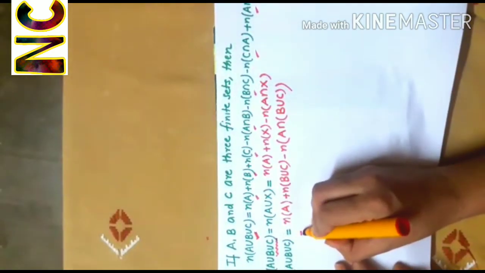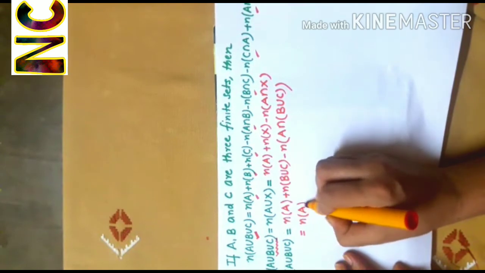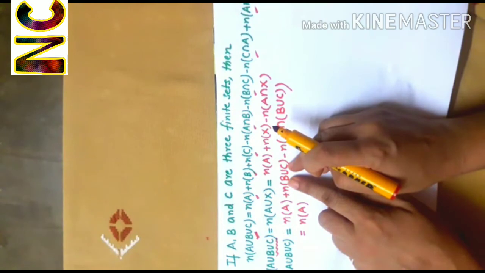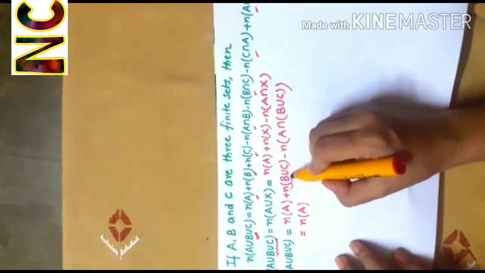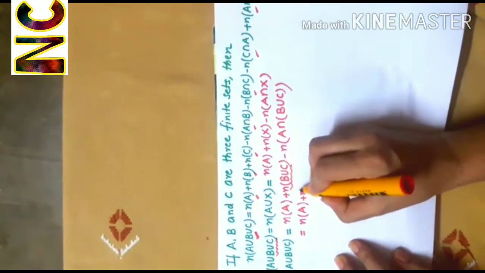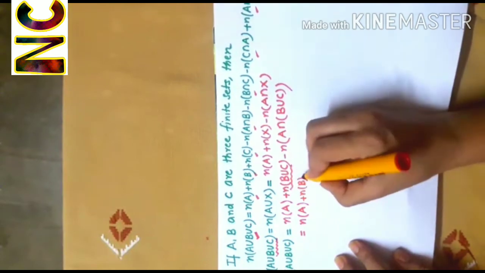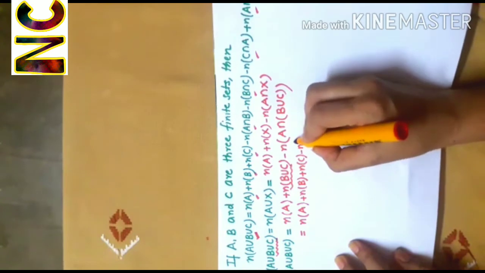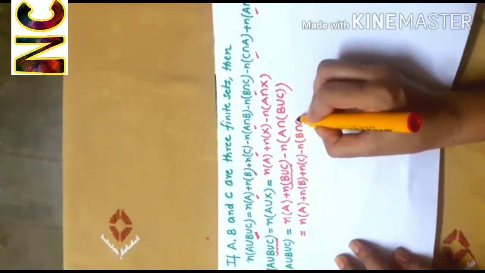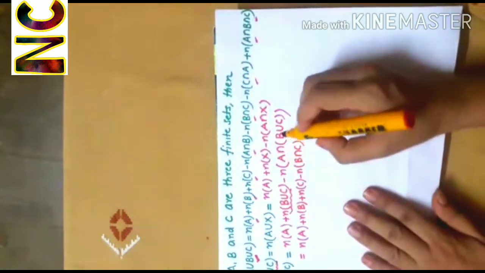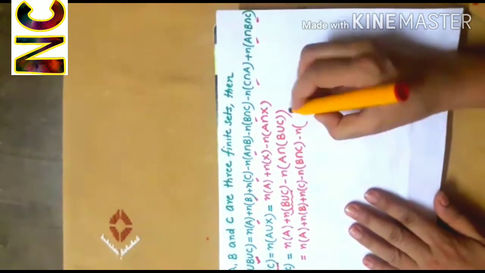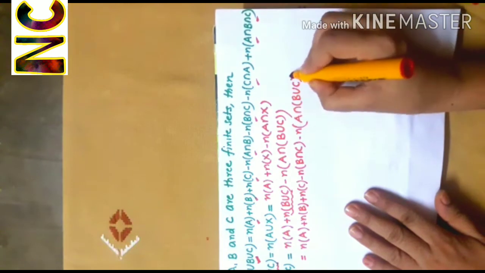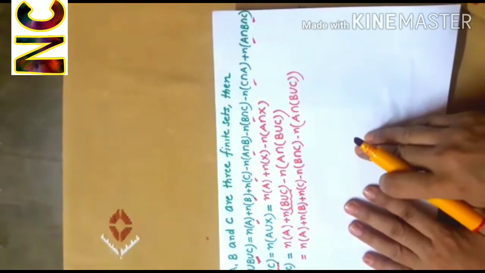So here we have number of elements in A, and again I can apply the same results. So this will be equal to number of elements in B plus number of elements in C minus number of elements in B intersection C and minus number of elements in A intersection B union C. Right?